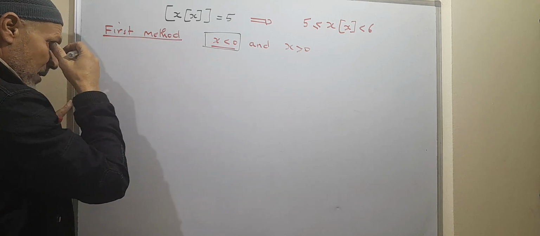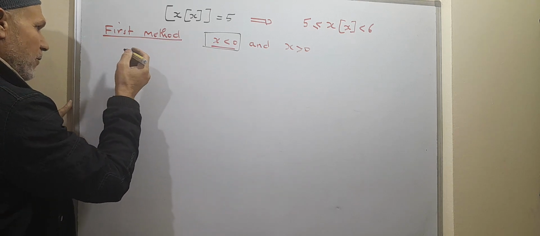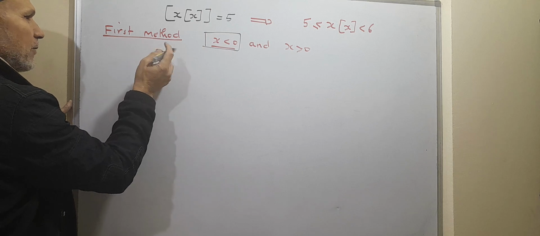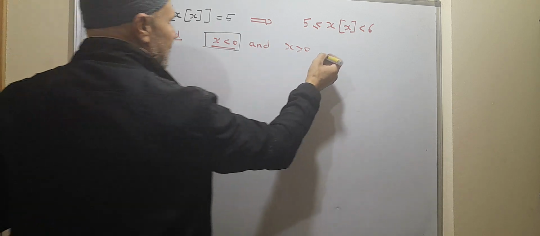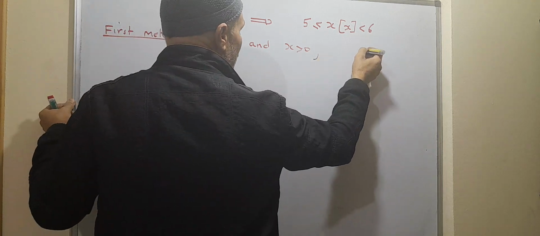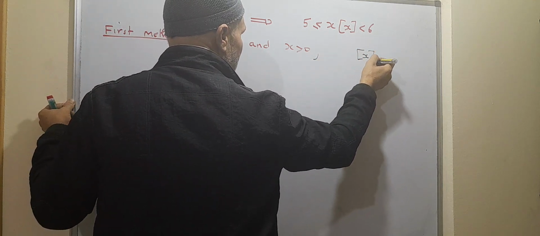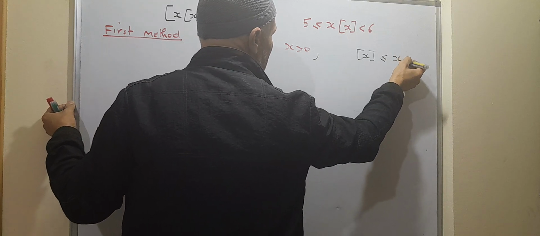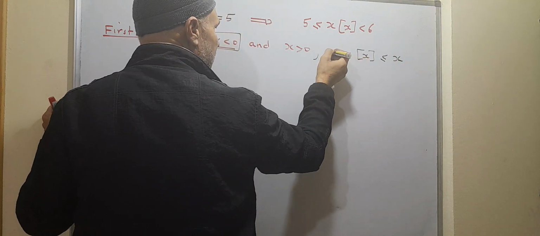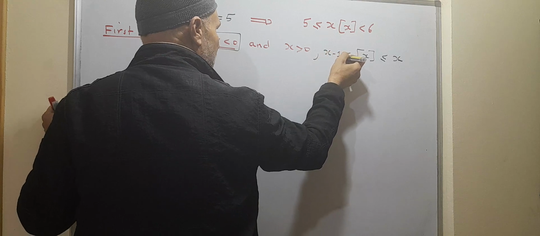We know that for all x in R, the integer part of x is less than or equal to x, but it is strictly greater than x minus 1.